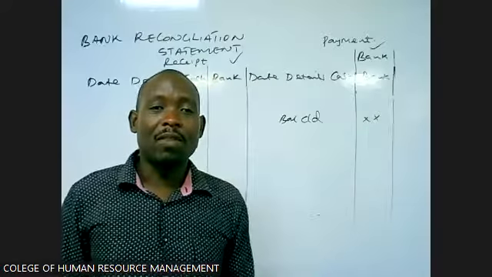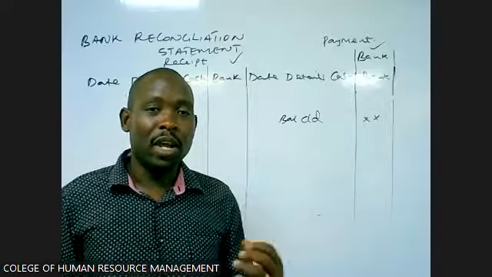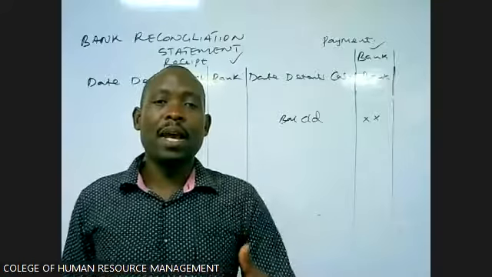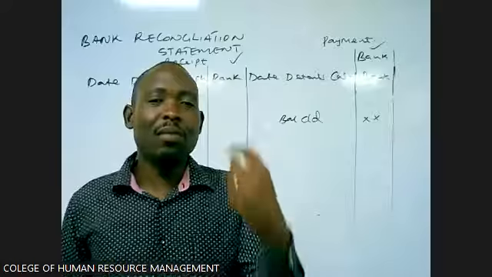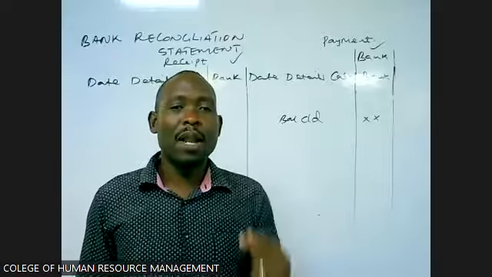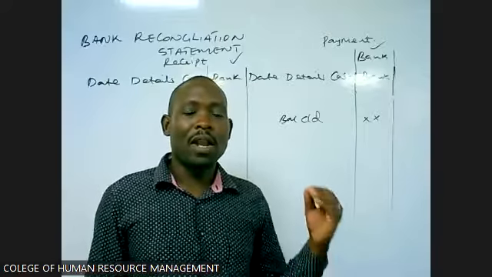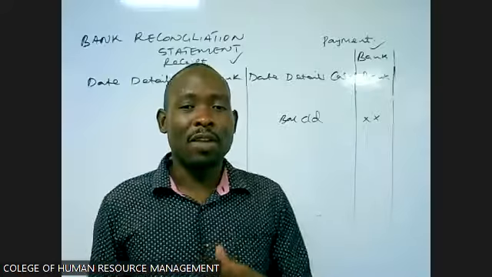Ideally, those balances should be the same, because anything that appears in the bank columns of the cash book should appear in our bank statement. But in most cases, those 2 balances don't agree. Either the cash book balance is more than the bank statement balance, or vice versa.